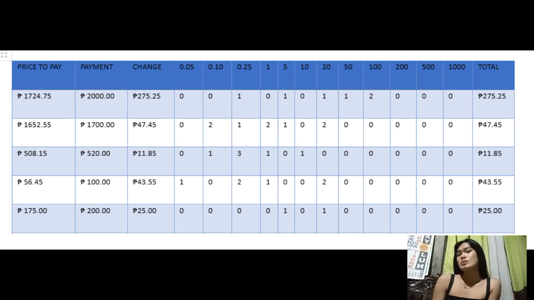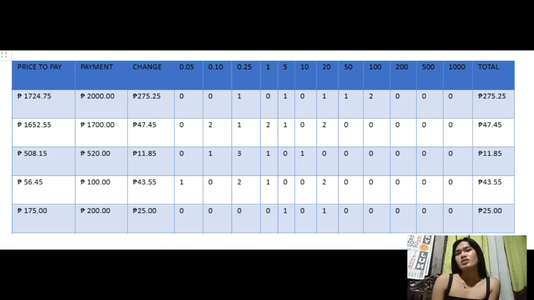Now let's go through some of our transactions and see how the algorithm works. First is transaction 1. The payment due is 1,724.75 pesos and the customer gave 2,000 pesos. The change is 275.25.